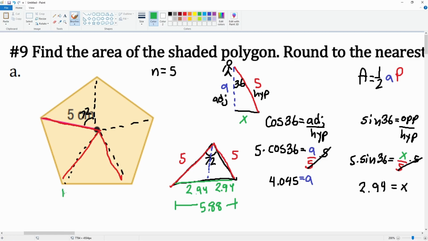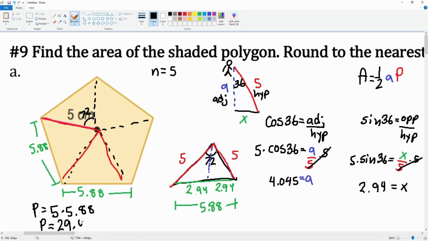So this whole length here is 5.88, and this whole thing here is also 5.88. To get my perimeter, I multiply 5 times 5.88. So my perimeter is 29.4.